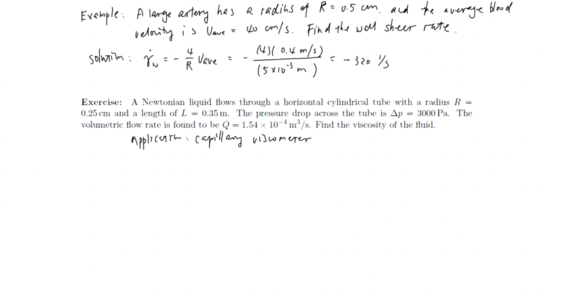Before we wrap up, let's have a quick mention of what happens if you have a rectangular pipe. If you have a slit, a rectangular pipe, it means you have a pipe that looks like this.